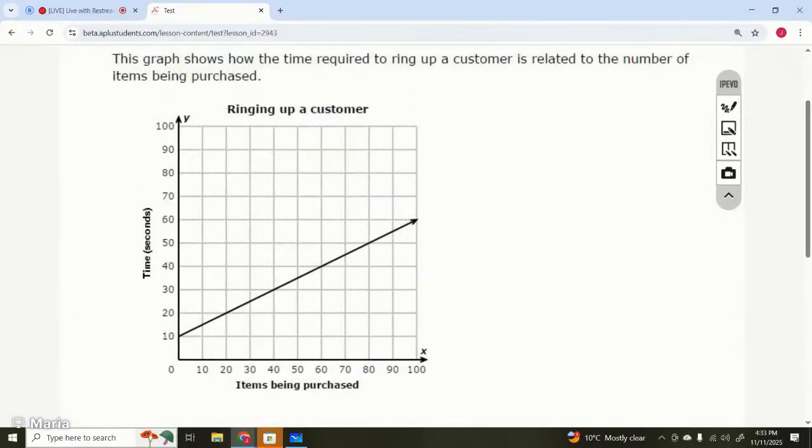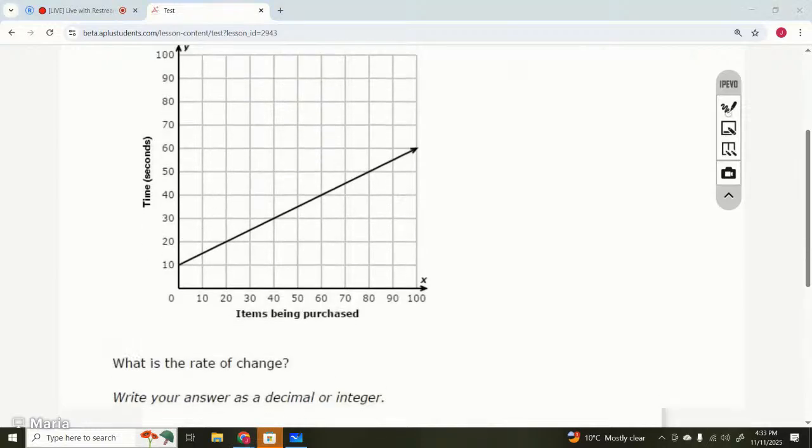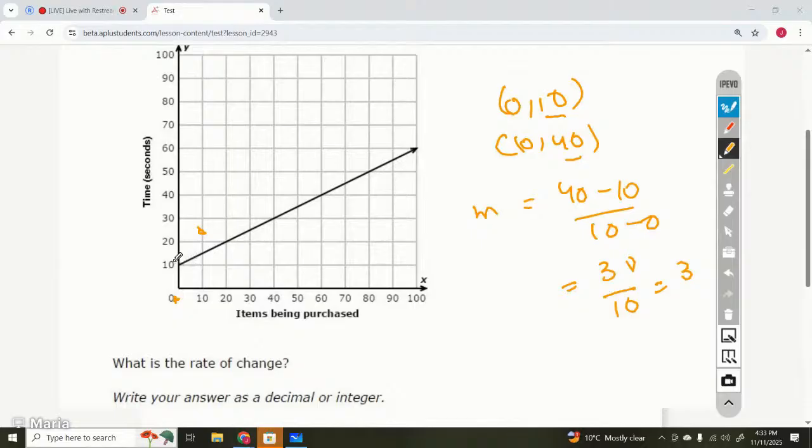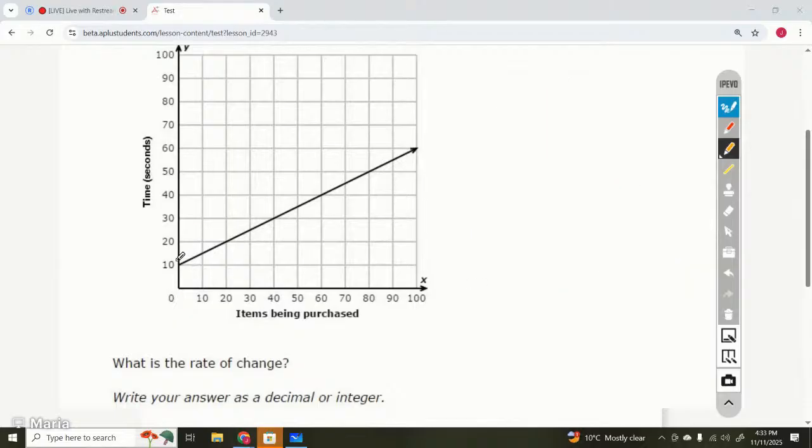This shows how the time required to ring up a customer is related to the number of items being purchased. What is the rate of change? So just select any 2 points. X is 0, Y is 10. X is 40, Y is 30. So the slope is 30 minus 10 divided by 40 minus 0.